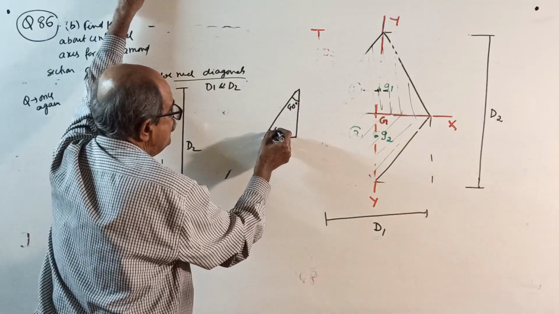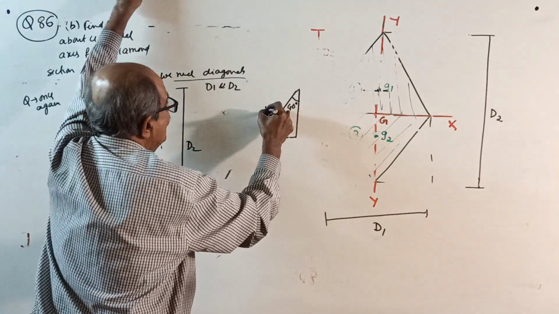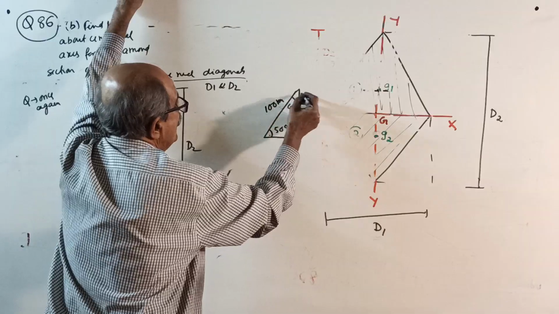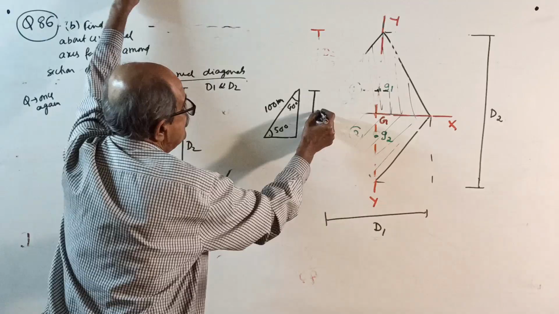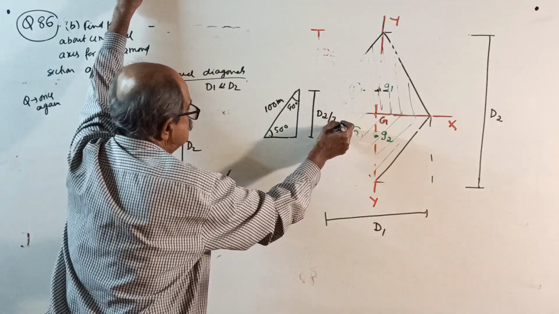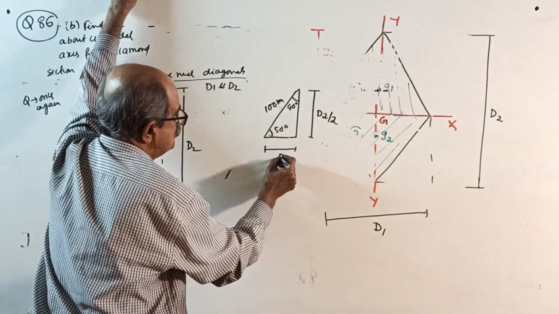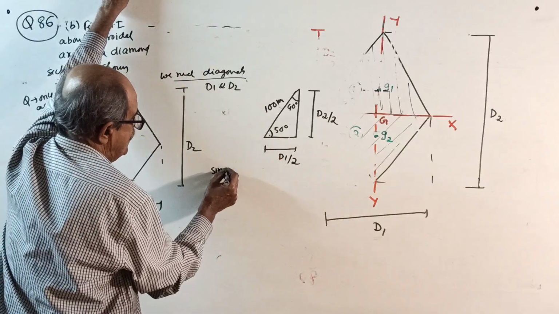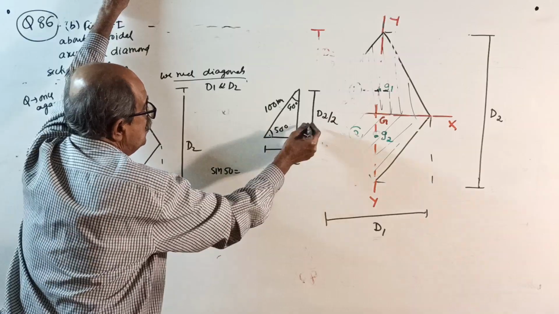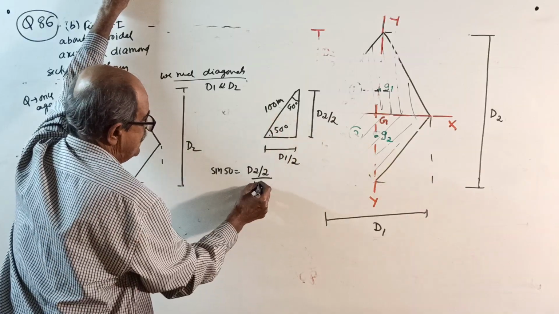Then this angle is 50 degrees. With the horizontal we'll take the angle. This side is 100 mm. If this is D2, this side is D2 by 2, and if this is D1, this is D1 by 2. Sin 50 equals D2 by 2 divided by 100.